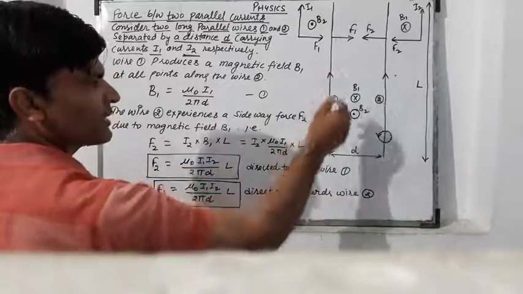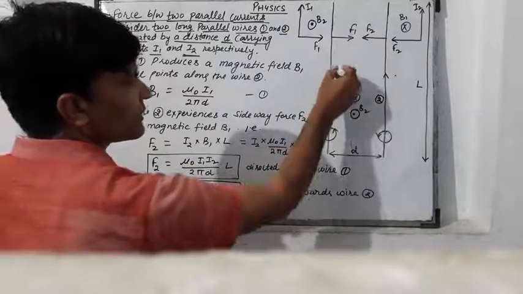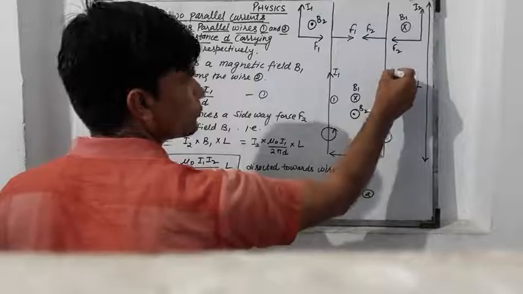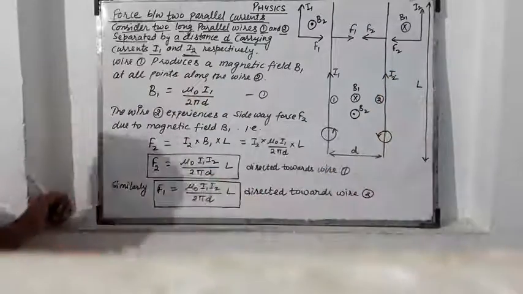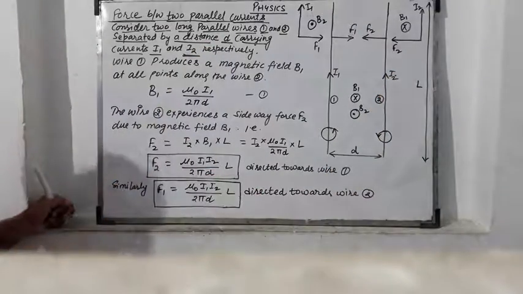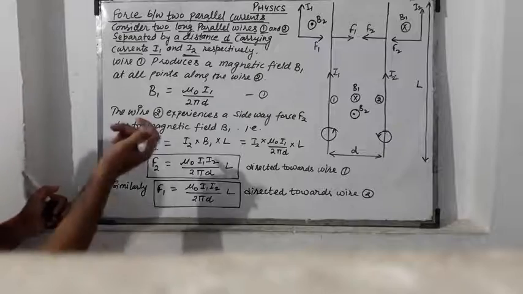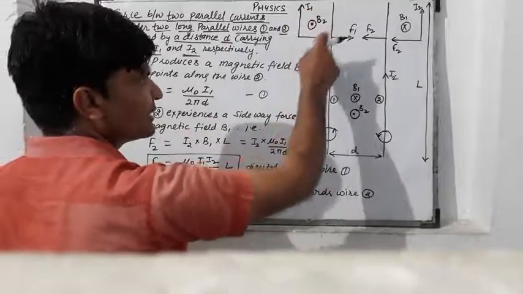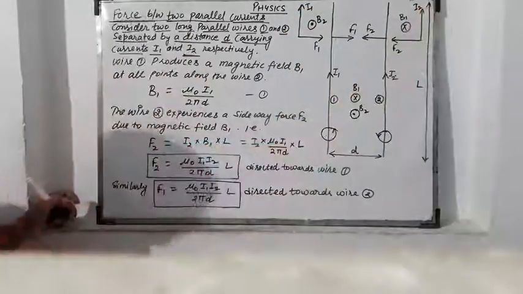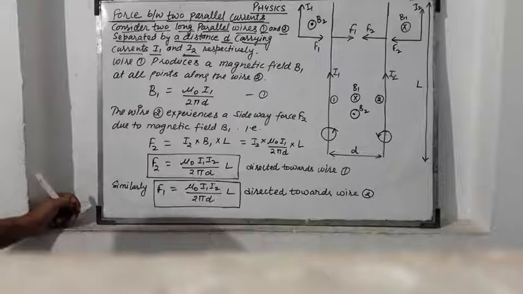Wire 1 carries current I1 and wire 2 carries current I2 respectively. Now these diagrams are the helping diagrams.